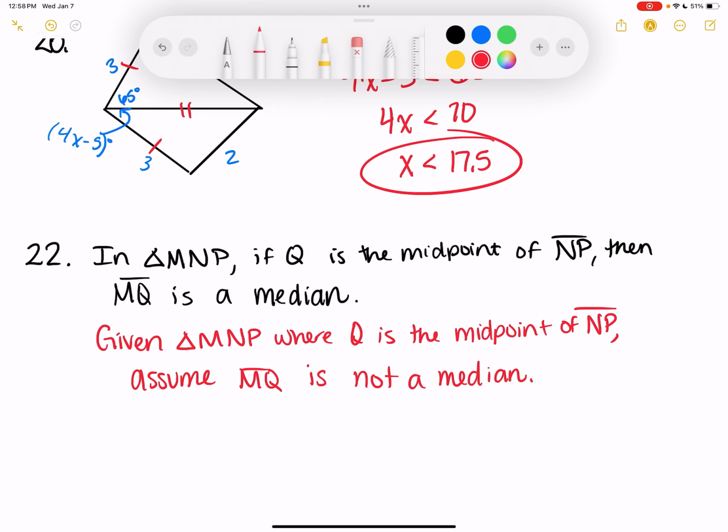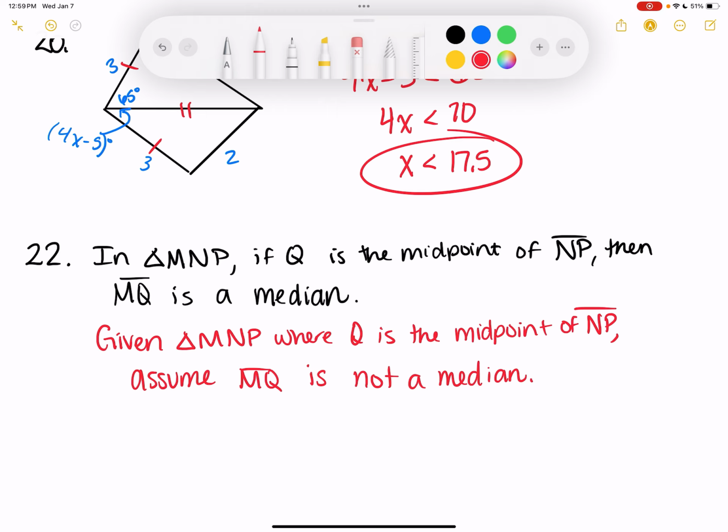So you just change it so that instead of being if, it is, pretty much given that this is the case, because that's really what your if is. It's almost like the given part of your statement. And so then your then is what I'm trying to prove. And so we just change it pretty much in every case to assume whatever that is. And if it's something that's a positive thing, then we're negating it.